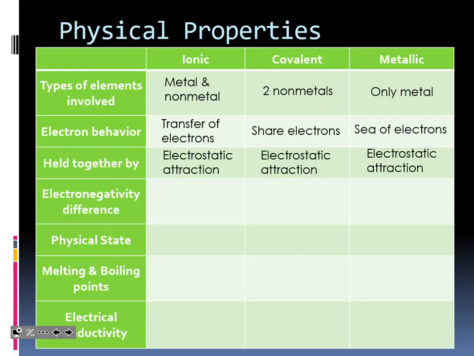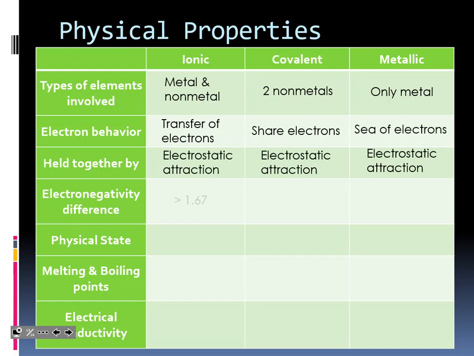So there is some electrostatic attraction in there while they're sharing. And then, of course, the metals, the sea of electrons, you have the positive nuclei and the electrons kind of flowing around them. They're also positive and negative, meaning electrostatic attraction or Coulombic attraction. That's the real fancy word, as he was talking about with Coulomb's law in there.